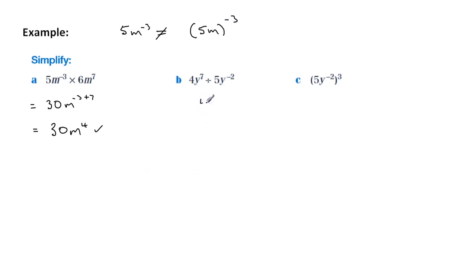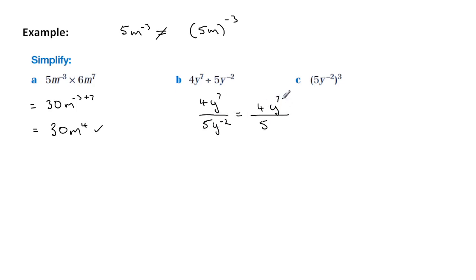In this division we have 4y to the 7 divided by 5y to the minus 2. Now you'll notice that there is no other highest common factor other than 1 for these two. So in fact 4/5 just remains 4/5. But we can do something with these ones. They're the same bases and it's a division.